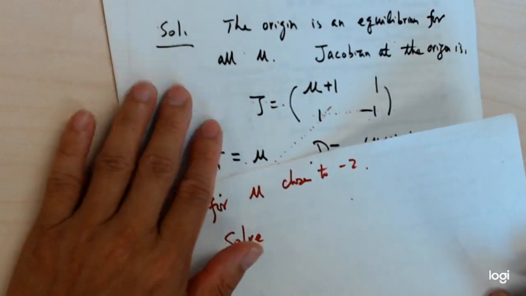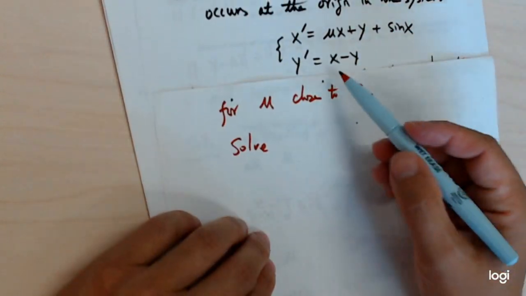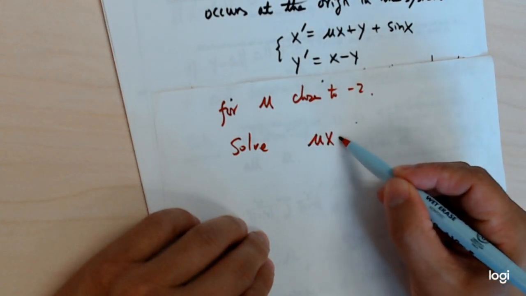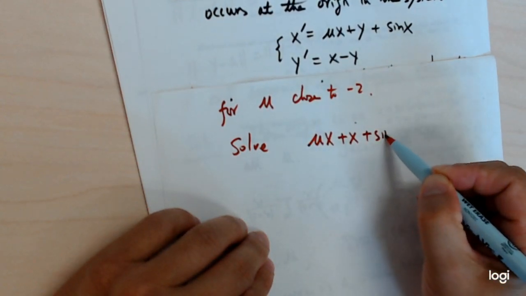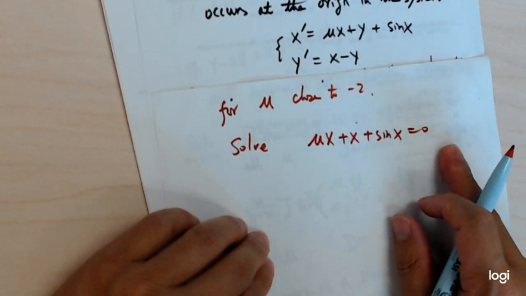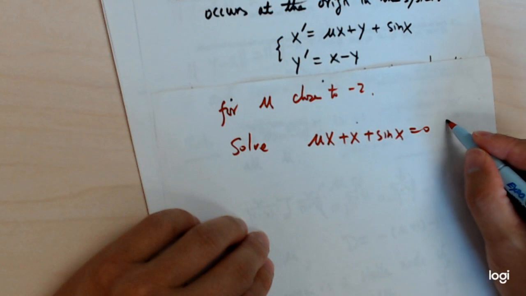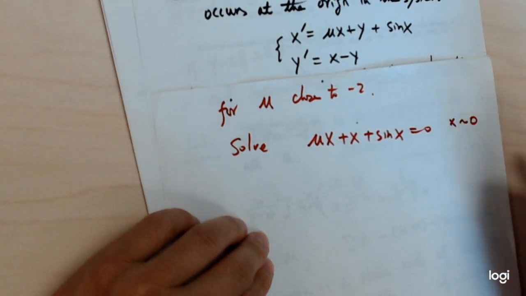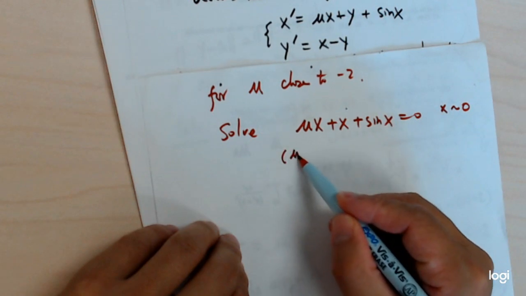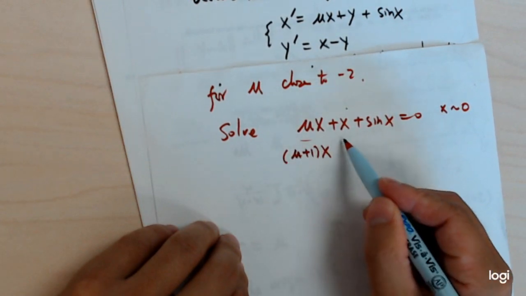You see here, y will be the same as x. Plug that in. So I need mu x plus sine x equal to 0. Notice I can't really solve this by hand. So I have to approximate this when x is close to 0. This is just mu plus 1 times x. It's a linear term.